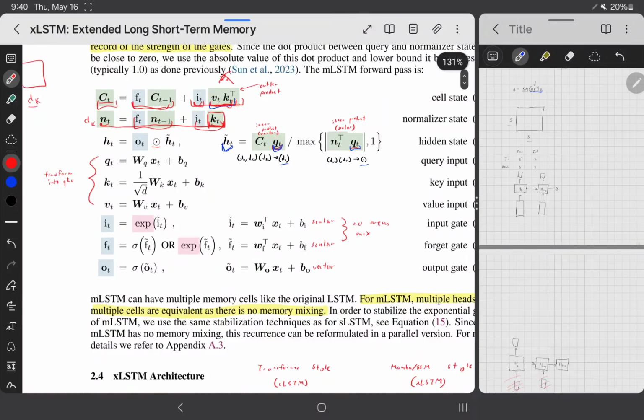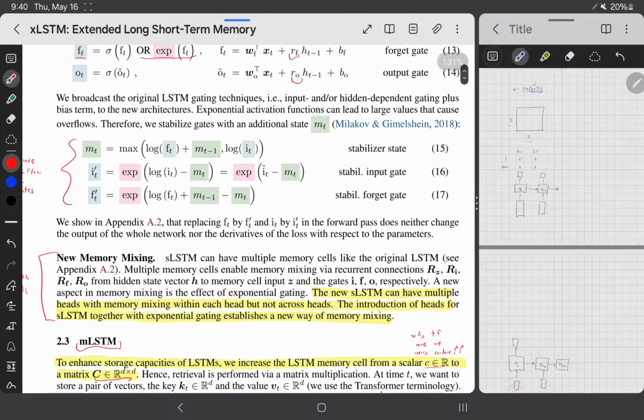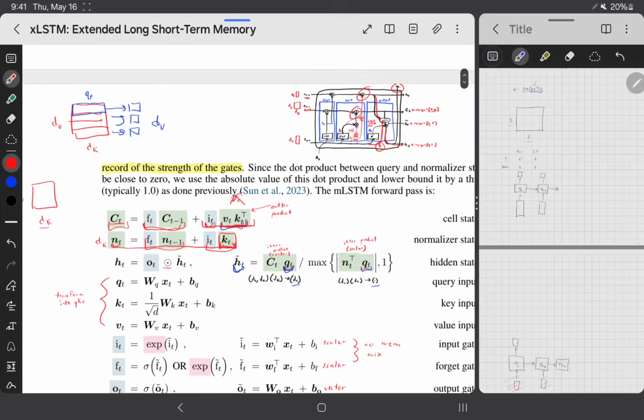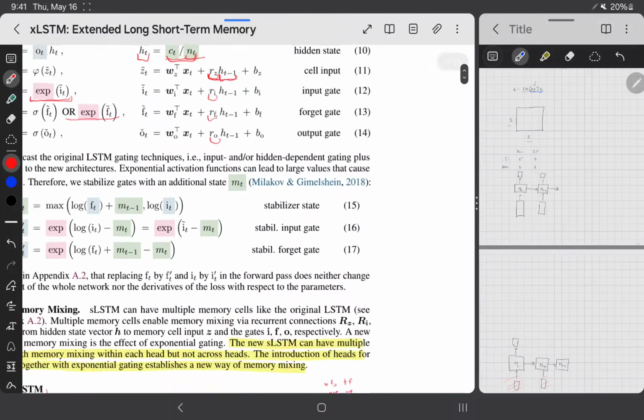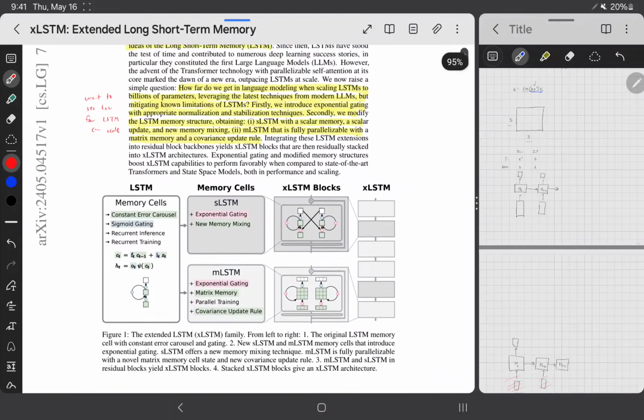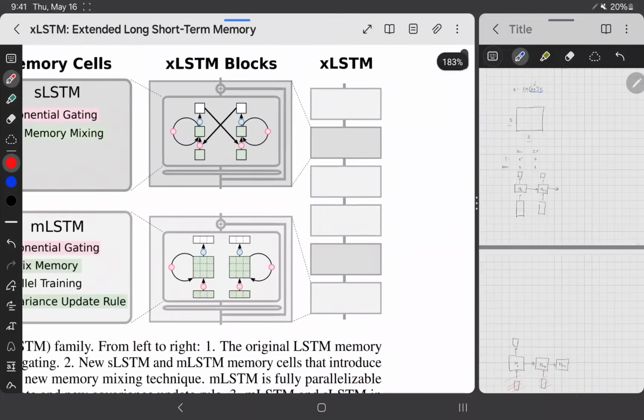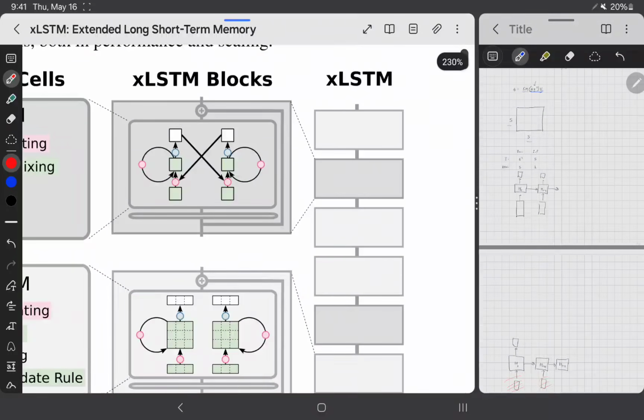Now, because you're doing this outer product, you don't have this mixing that occurs up here, this memory mixing. So you can basically have multiple heads in parallel. They draw a diagram up here. If this is your hidden state, HT1 and HT2, in the next hidden state, this becomes your hidden state here. The memory mixes.